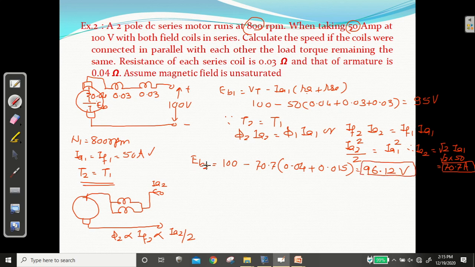I got EB2 also, 96.12 volt, right? 100 minus 70.7 to this.